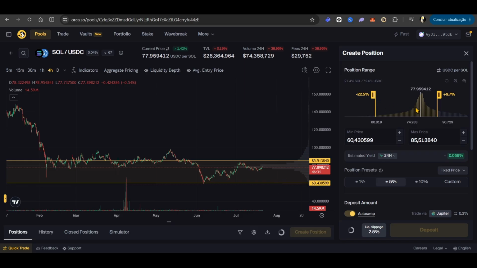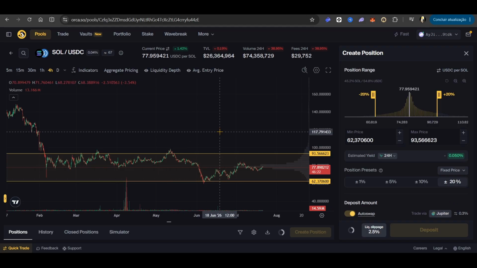So let's say I want to have both the upside and the downside at around the same percentage. So let's say I'm just going to go here and insert 20%. So something like this. This is already looking good. If we are backtesting, and we are, just looking at the chart, we can see that this range potentially would have earned us yield if we had set it in place back in February when we had this first initial major dip.